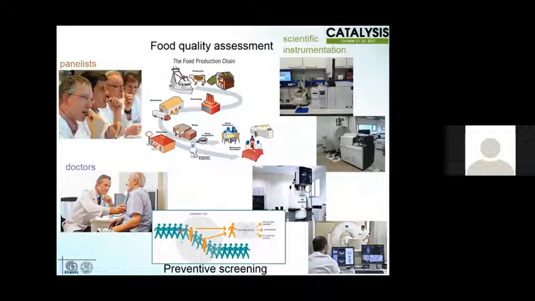Therefore, again, we need something that can be capillarily everywhere in the everyday life of people, and that can do a pre-screening. Again, the solution could be a small device, in this case a gas sensor, because we are working with gas sensors, that can monitor some parameters and tell us, okay, I see something wrong, go to your doctor.